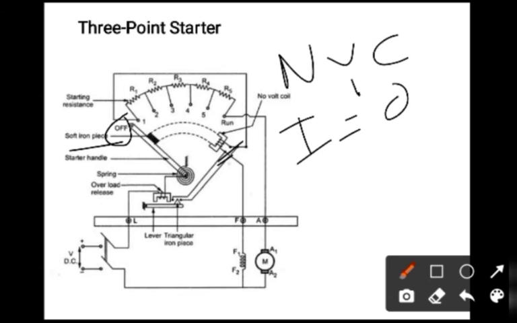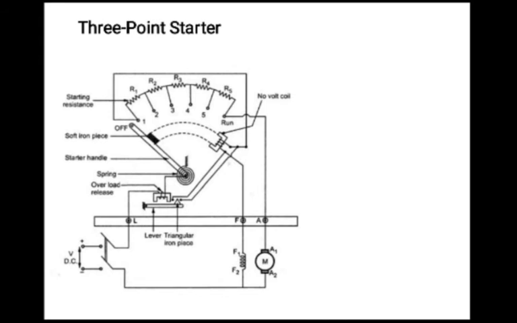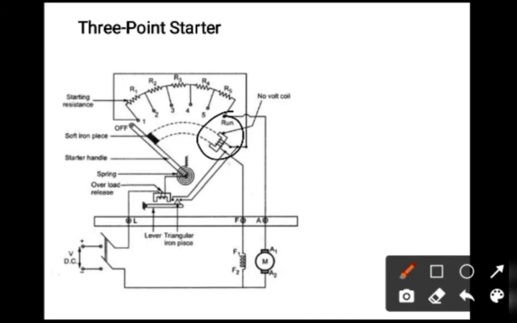Suppose we consider that the NVC coil is not present, then what will happen? At the time of starting, we move the handle from point number 1 to the final position, and then supply failure occurs, so the handle remains at the final position.